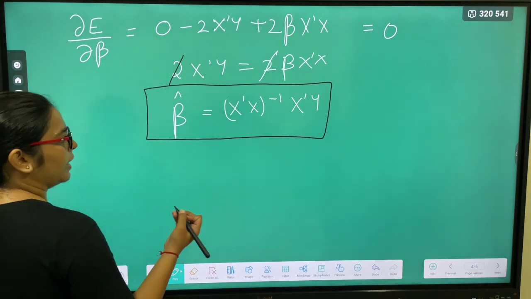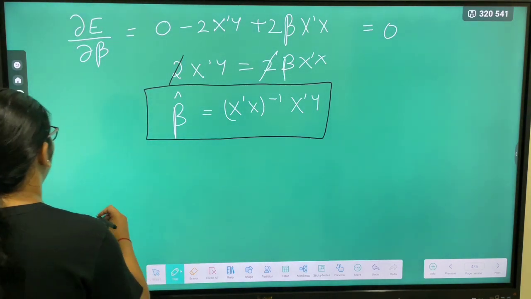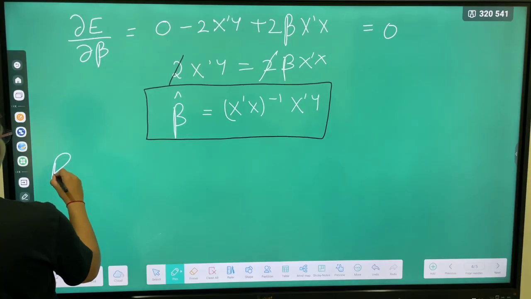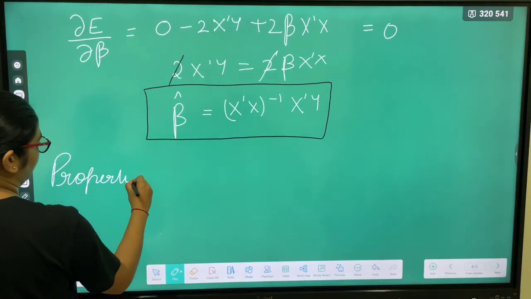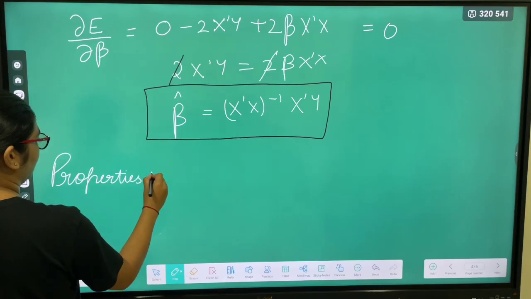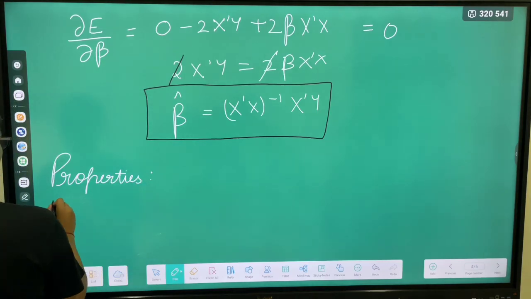So in this we will again find the properties of beta cap. First property, unbiasedness.